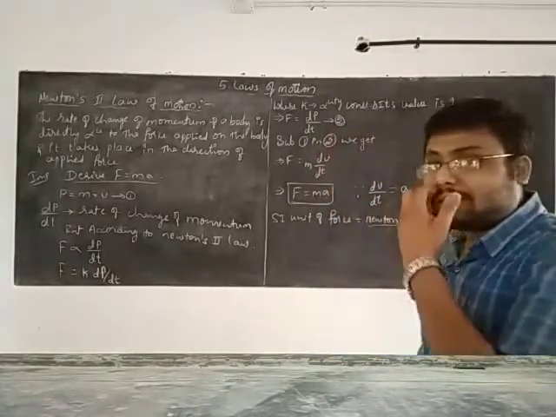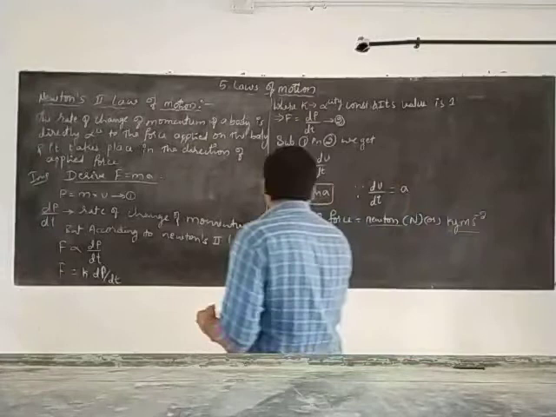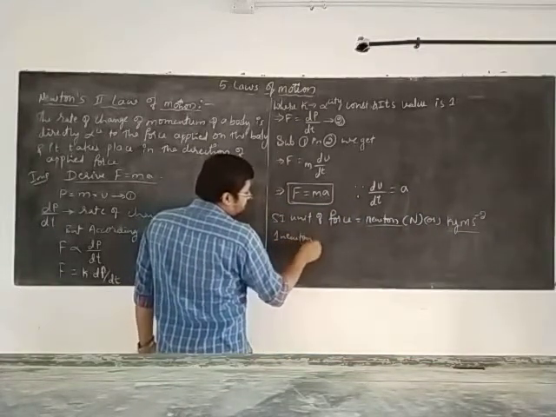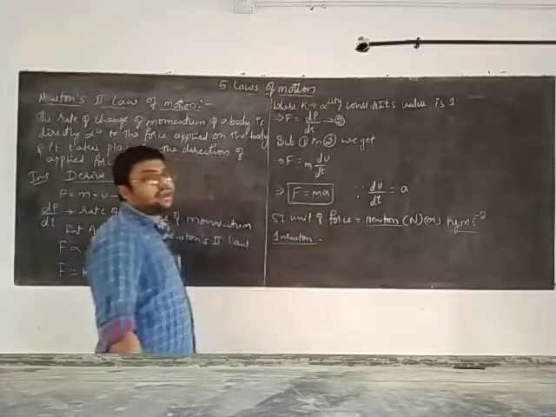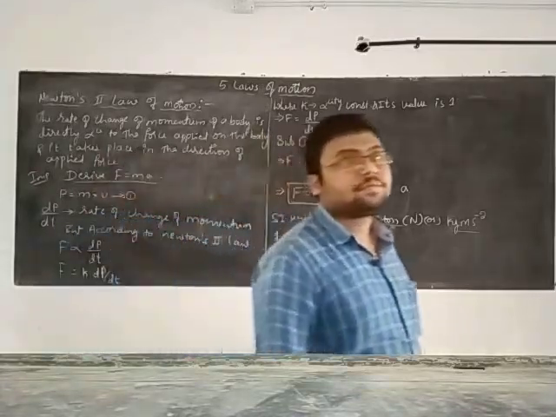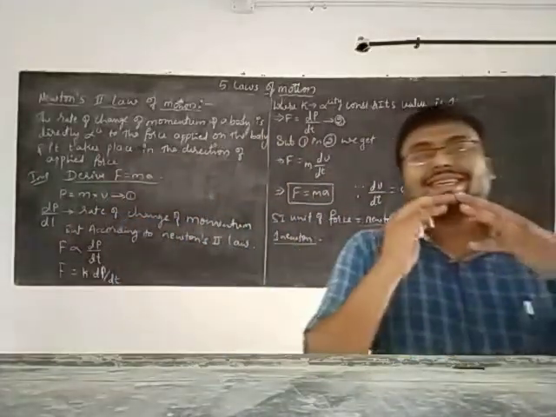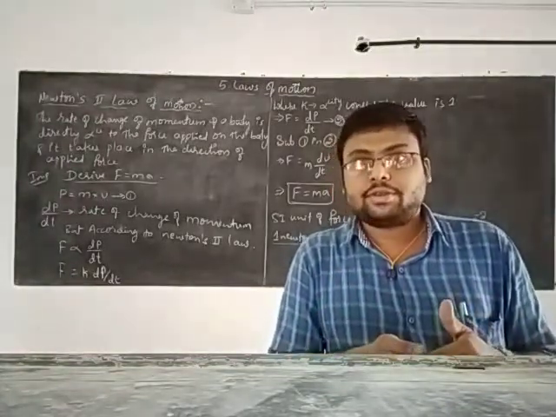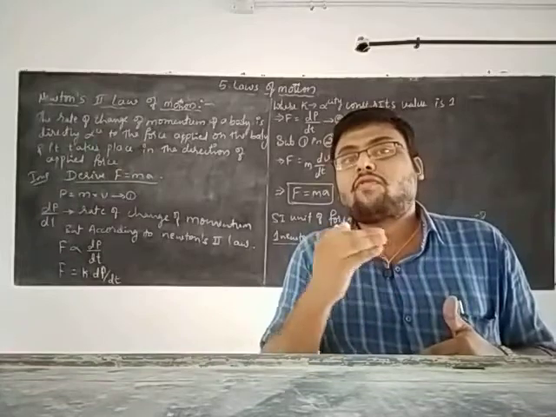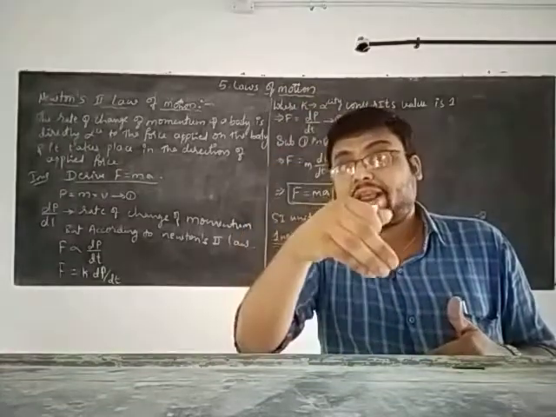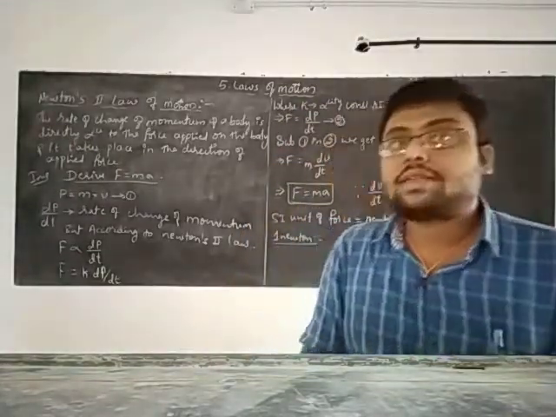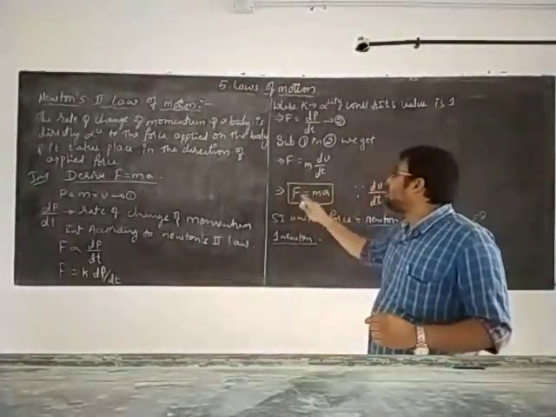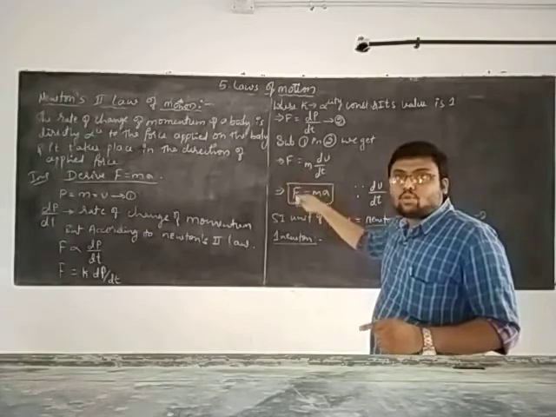Is it clear? Then how can we define 1 Newton force? 1 Newton means it is the force required to produce the acceleration of 1 meter per second square in a body having mass 1 kg. Look here, we have to get F value as 1.